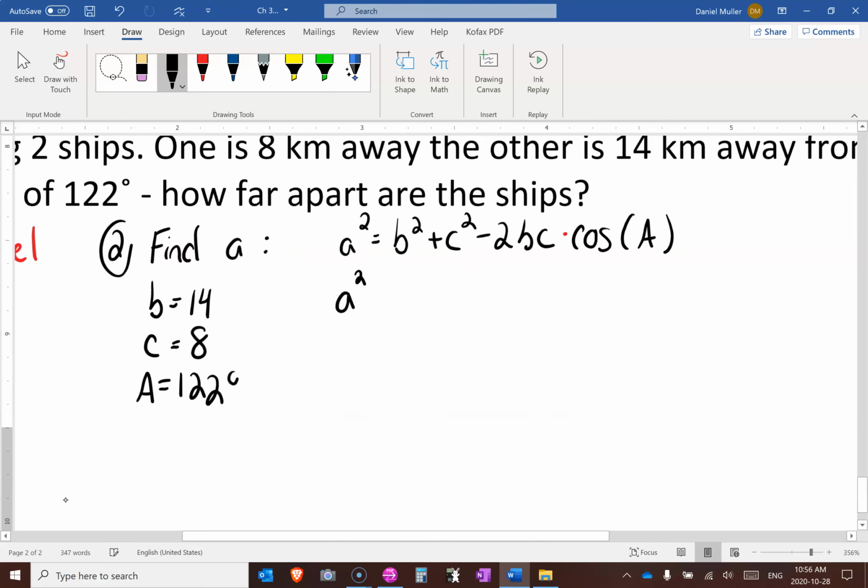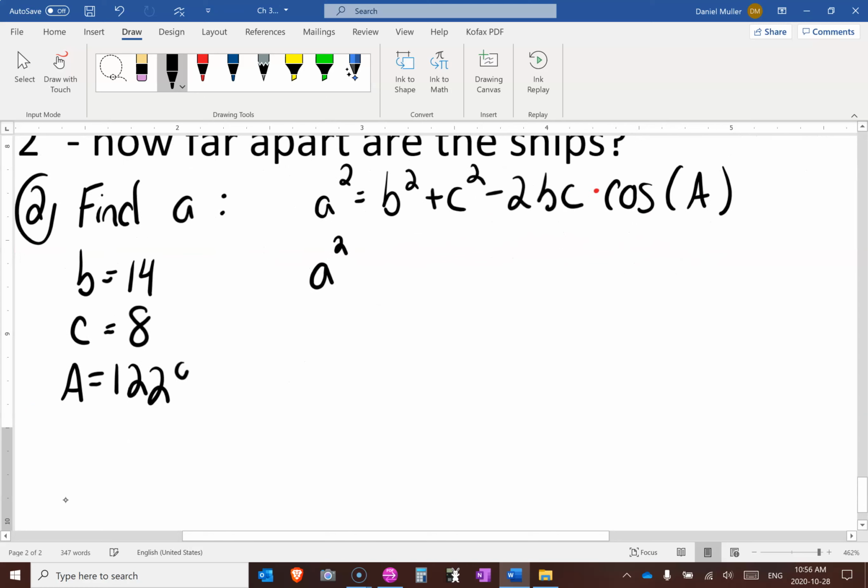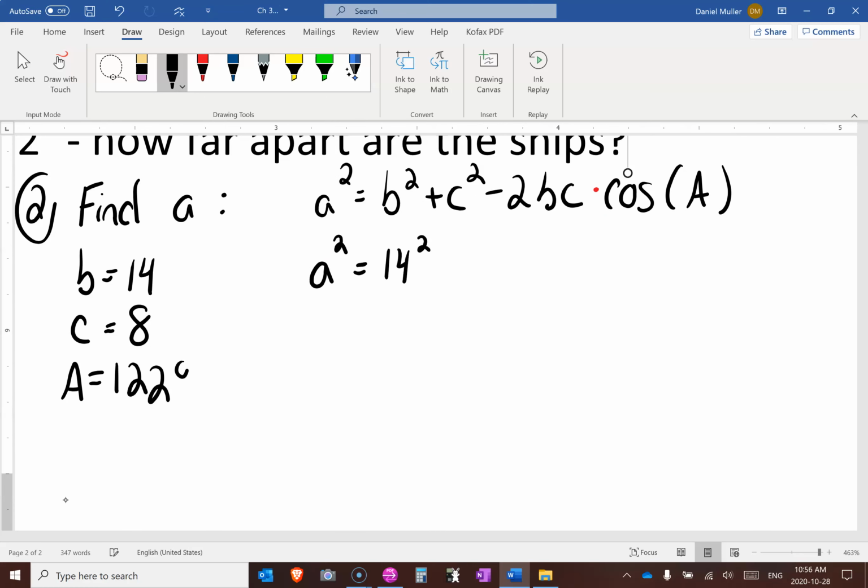Luckily it is already kind of alone; all I have to do is square root it. So A squared equals 14 squared plus 8 squared, minus 2 times 14 times 8 times cos of 122 degrees.